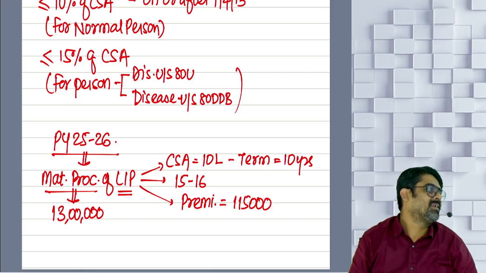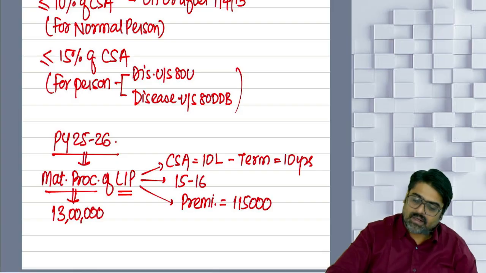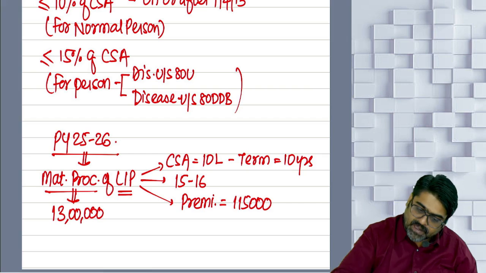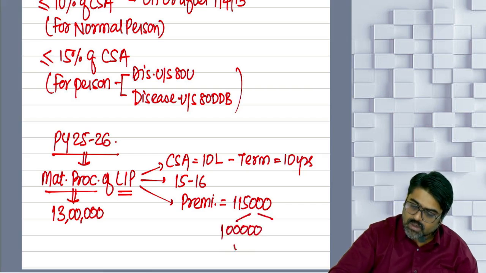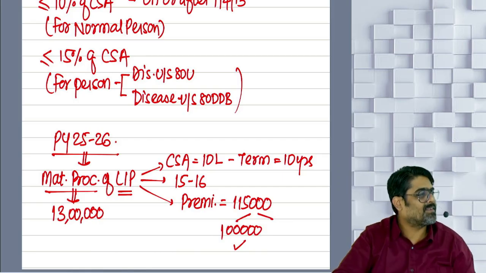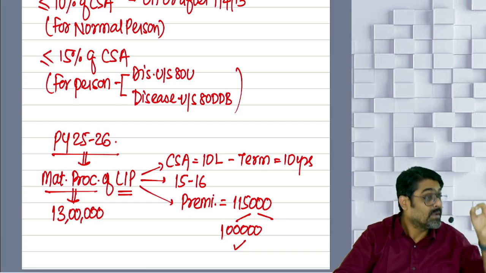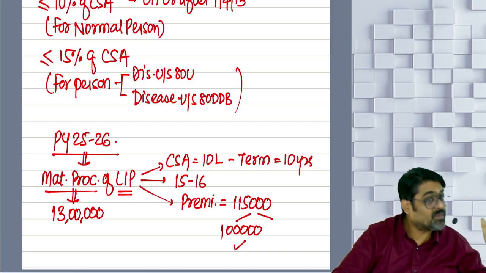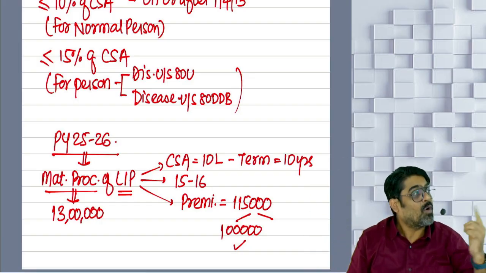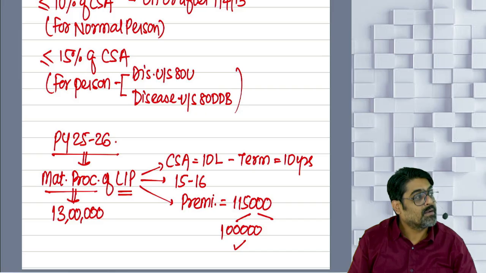Understand? So every year, how much premium were you paying? But out of that premium, only 1 lakh was allowed under section 80C, because for 80C also the same limit is there. Within this limit, only this premium every year will be allowed as a deduction under 80C. So you were paying 1,15,000 every year.